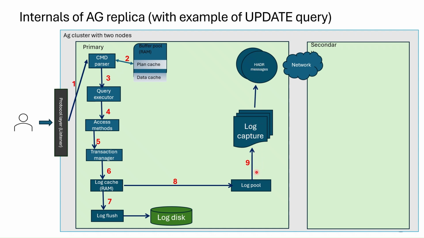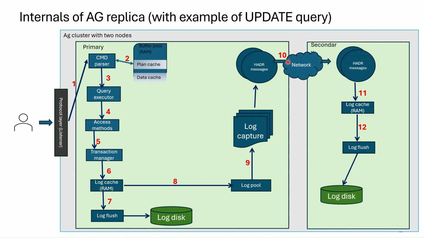This capture process runs continuously as long as the availability replica is connected and data movement is not suspended for any reason. Finally, the messages in each database replica are sent across the wire to the respective secondary replica. We have only one replica here, so the primary has only one queue and sends the data through this queue.